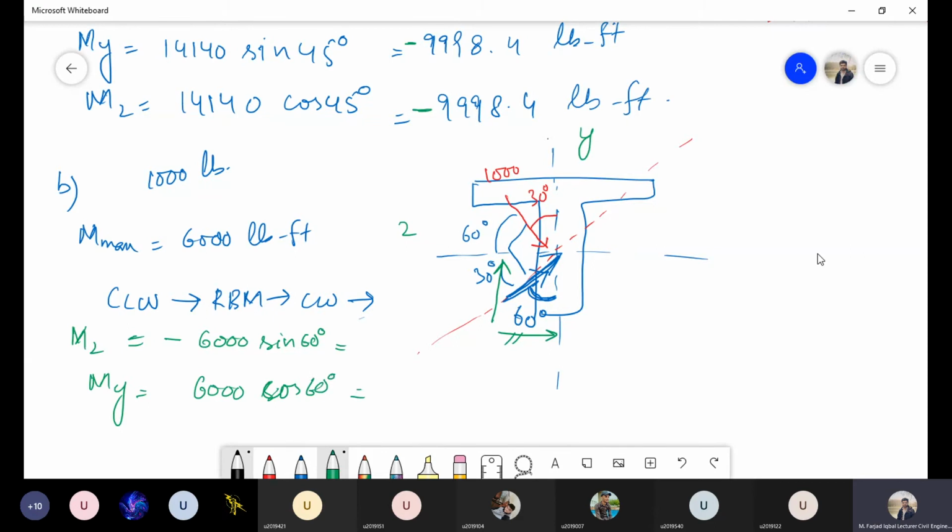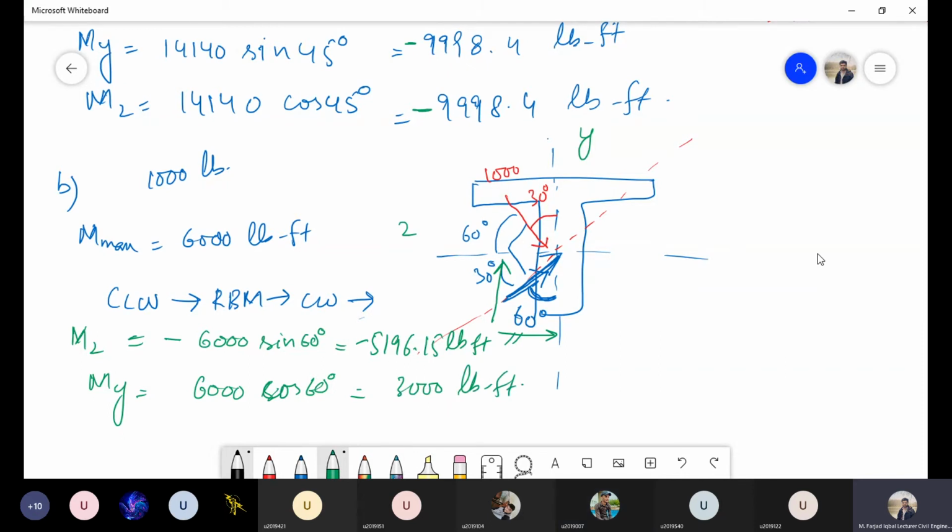So what is the value of Mz? 5196.15. So Mz is minus 5196.15 pound feet, and My, what is the value of My? 3000 positive pound feet.